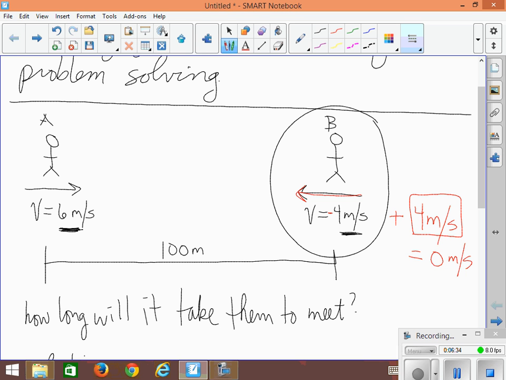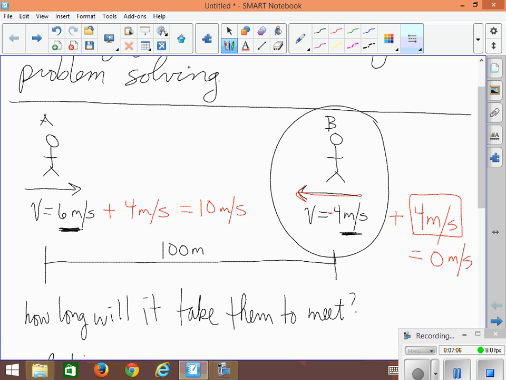But the trick is, just like with an equation, you have to do the same thing to both sides. You've got to do the same thing to everybody in the reference frame. So that means that I must add 4 meters per second to the other person as well. You've got to be fair. Which means that person will appear to be moving even faster, 10 meters per second. Another way to think of this is that this person appears to have the combined speed of both, the 10 and the 4.